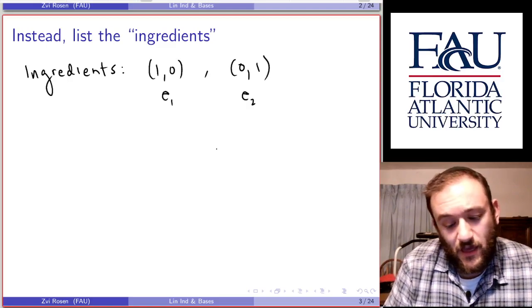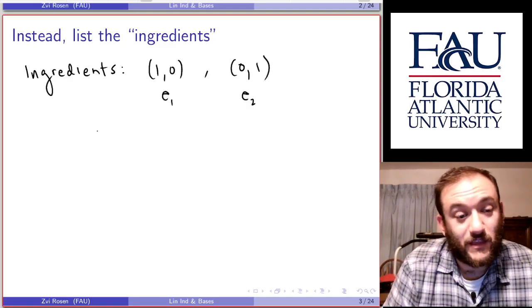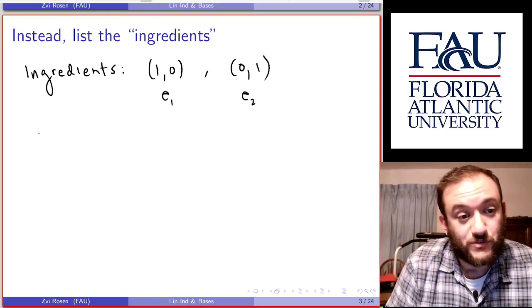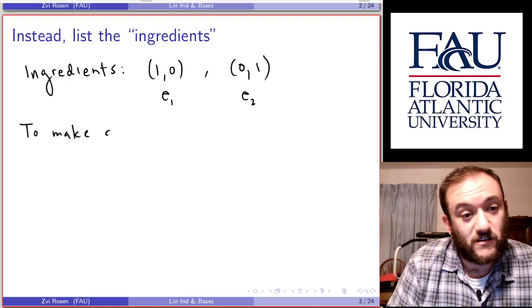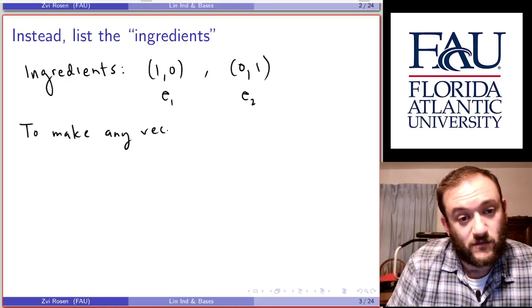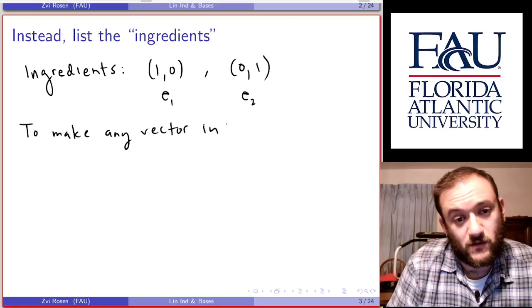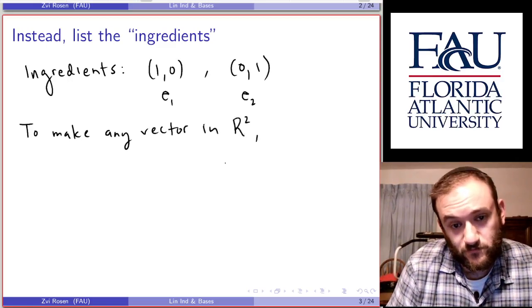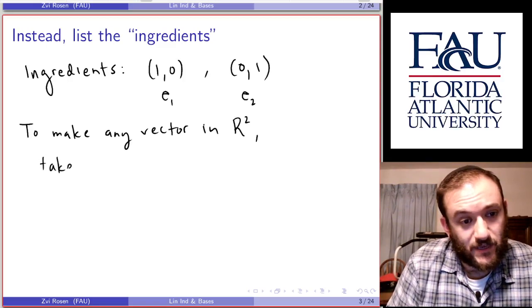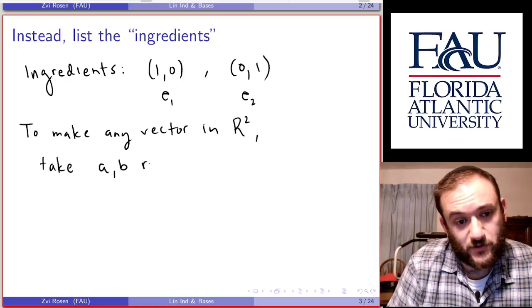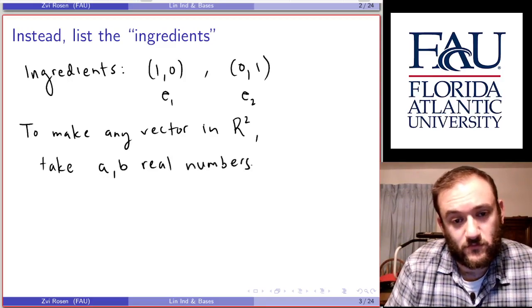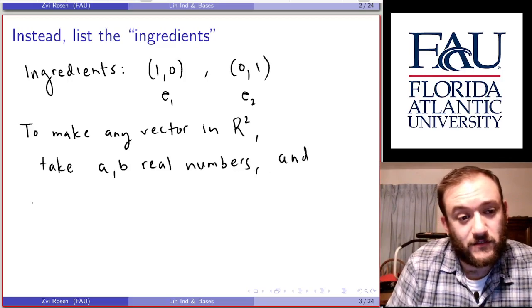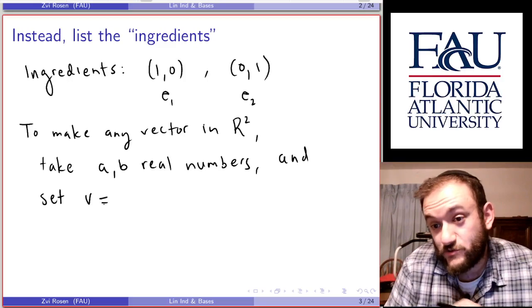And to make any vector in R2, take A and B, real numbers, and set V to be the vector that you're trying to generate.